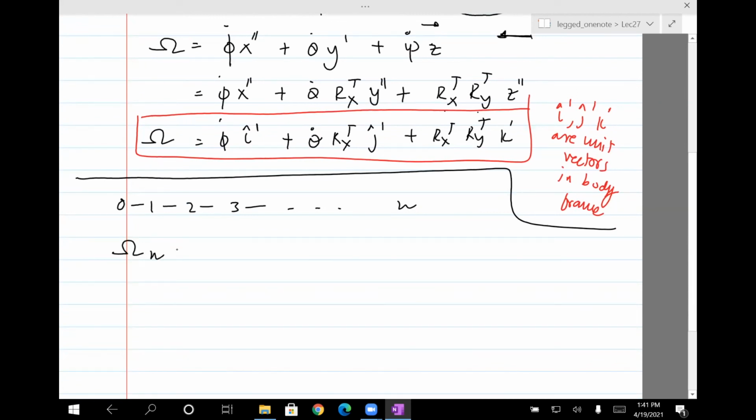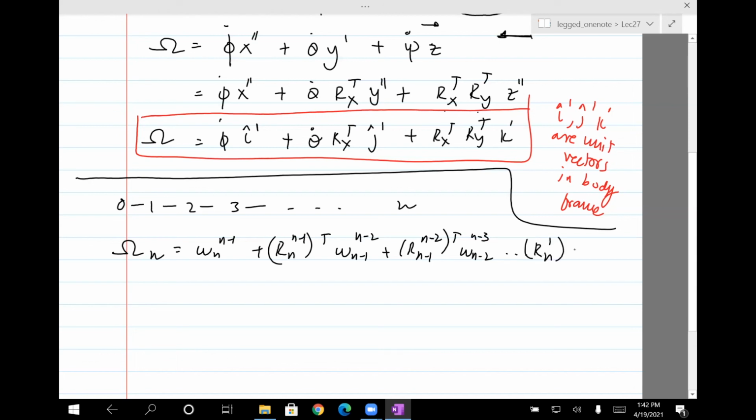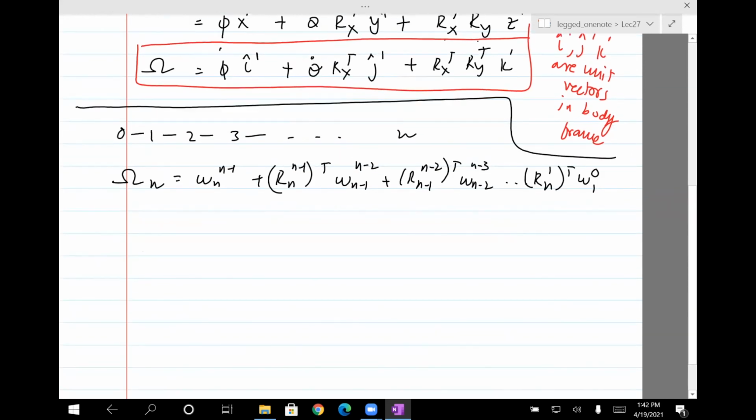So omega n equals omega n, n minus 1 plus Rn, n minus 1 transpose omega n minus 1, n minus 2 plus R n minus 1, n minus 2 transpose omega n minus 2, n minus 3. You just keep going all the way to reach Rn1 transpose omega 1, 0. And this, I think, is more complex than the previous formula.